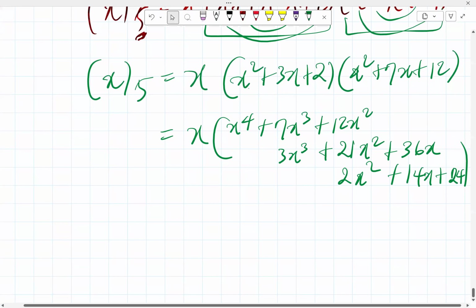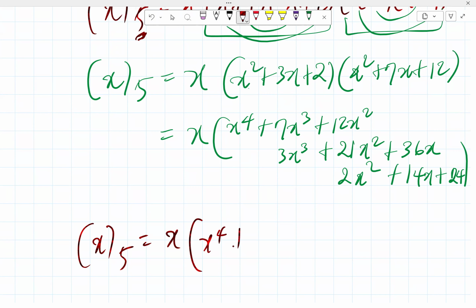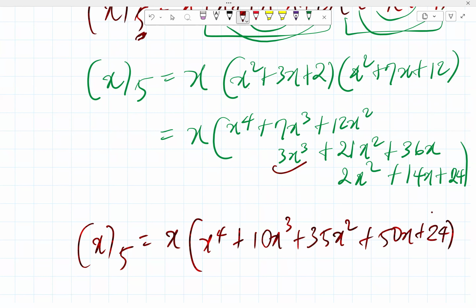So that tells us that x sub 5 is equal to x into x raised to power 4 plus 10x cubed. Then 12 plus 21 is 33 plus 2, that's 35x squared. Then 36 plus 14 is 50x, then plus 24.